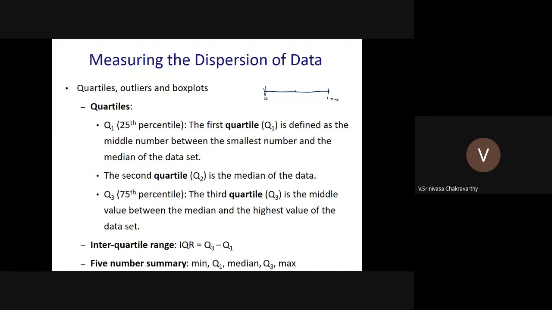Now you take the point where you have 1/4 of the data covered, somewhere here. So I plot them like this. The smallest point is plotted here, the highest point is plotted here. So 1/4 of the points are covered at this point, half of the points are covered at this point, and let's say 3/4 are covered at this point.